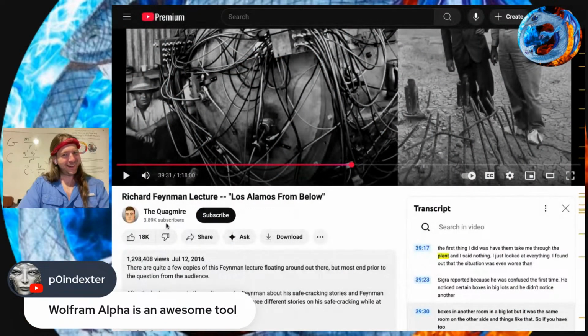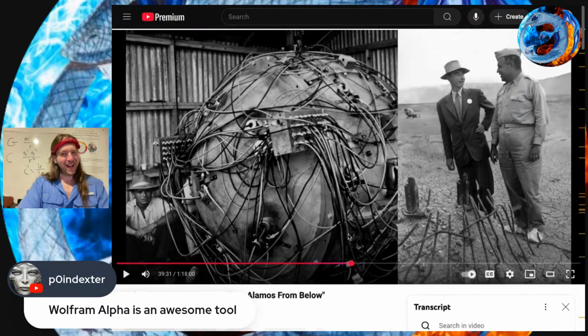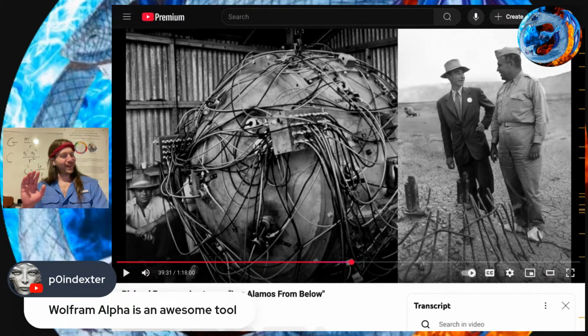This is apparently the Quagmire Trail. So when you listen through this, you realize some of the synchronicity and the things that could go on. Just listen to what Professor Feynman says here.